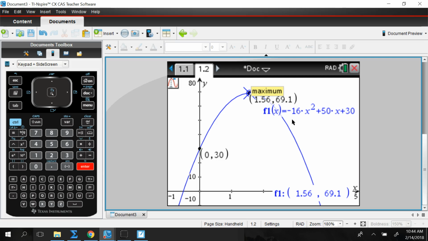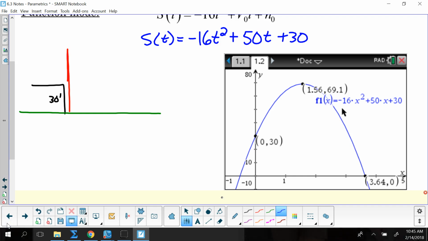Then what happens? It starts to fall. And it's falling. And it's falling. And at 3.64, we have a 0. Okay?